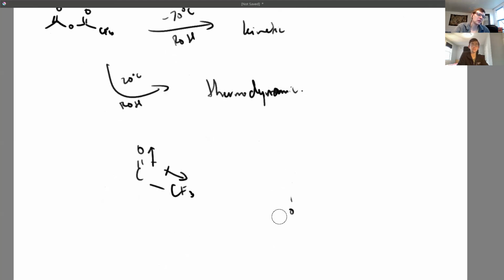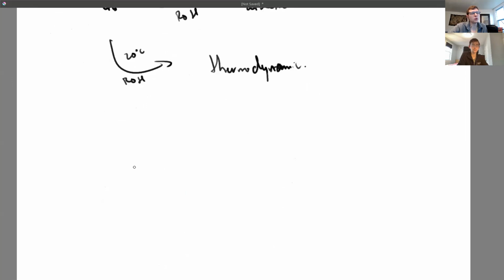I mean, maybe you'd also have to look at the different energies, right? It'll depend on which step is the one that's limiting, right? Like if you have, for example, this, just let me draw the intermediate, right?